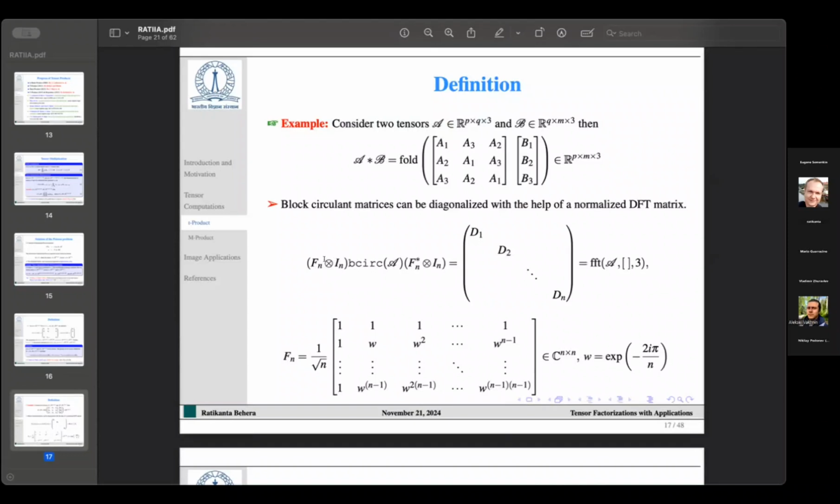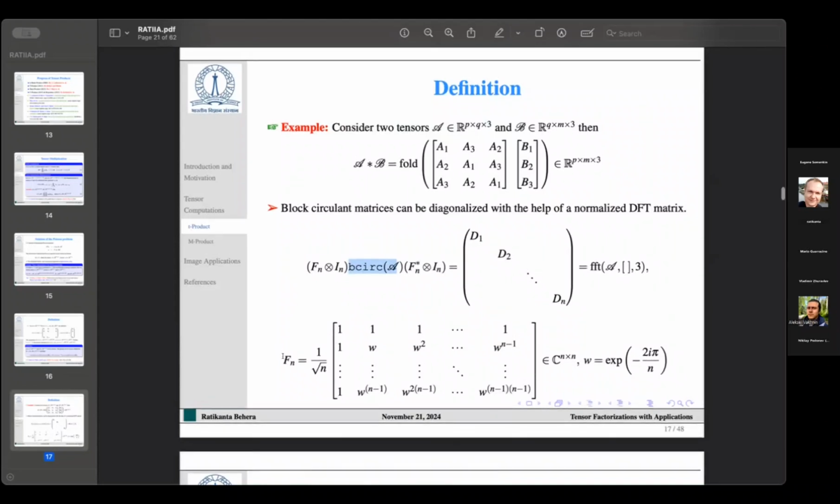This is the Kronecker product, and bcirc of A is the block circulant matrix. And F star n is the conjugate transpose of the matrix Fn. Okay. And omega is basically the root of unity, the exponential of negative 2 i pi by n.